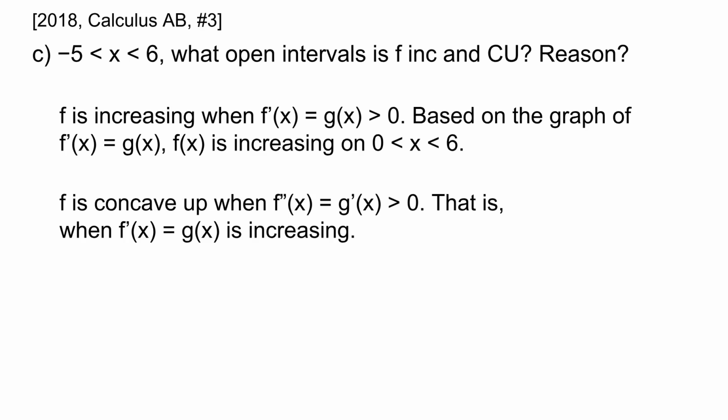And f is going to be concave up when the second derivative of f, which is g prime of x, is greater than 0. That is, when f prime of x equals g of x is increasing.